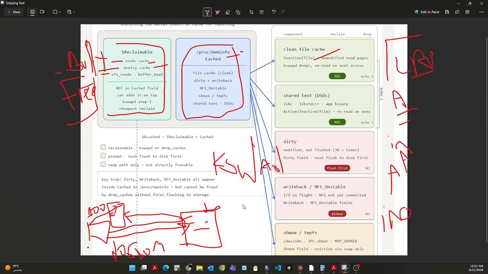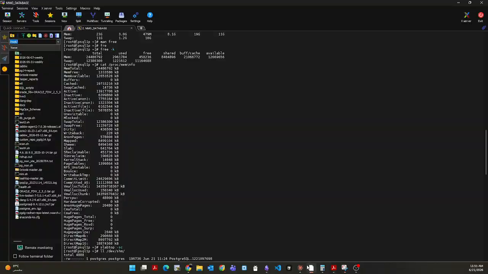There are two things related to whether kswapd is active or not. One is something we call the watermark, which is the min free knob. I'll show you this knob.